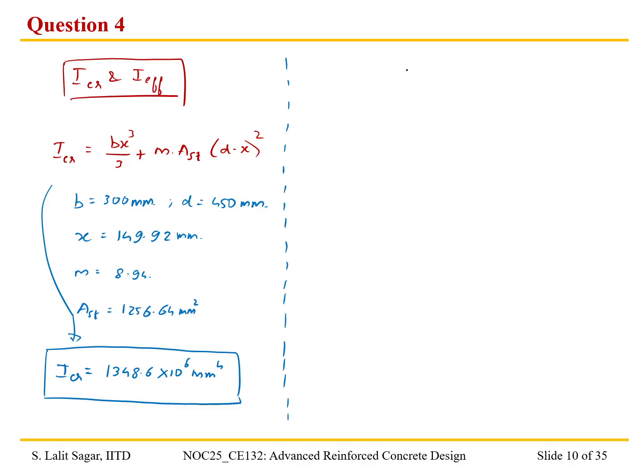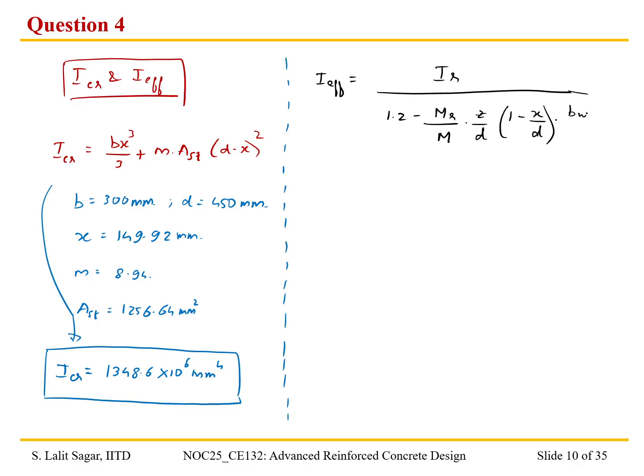So we have this effective moment of inertia, that is I effective is equal to IR divided by 1.2 minus MR divided by M into Z divided by D into 1 minus X by D multiplied by BW by B. Okay, so now let us look at what each of these terms mean.